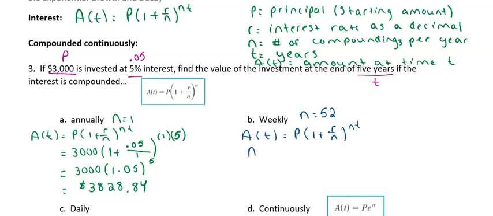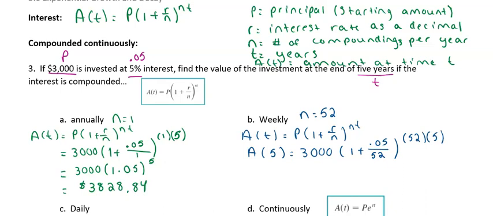Now our amount at time t is 5 equals our principal, so 3,000 times (1 plus our rate. The rate didn't change, 0.05, but this time the number of compoundings changed to 52), and then we have 52 and we have 5 years. So we've got everything plugged in there.